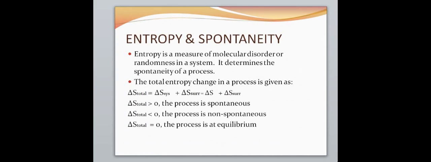So, we are looking at another important term related to chemical thermodynamics, that is entropy. Entropy, as I've already told you, is a measure of molecular disorder or randomness in a system. To give you a very simple example, when you keep a cube of ice on the table, spontaneously the solid ice starts melting.